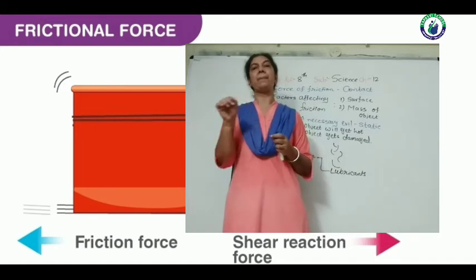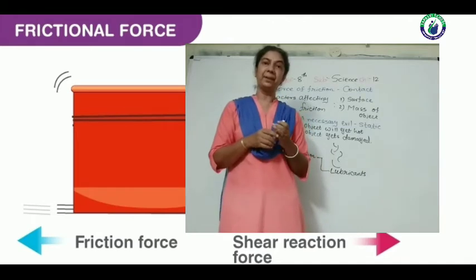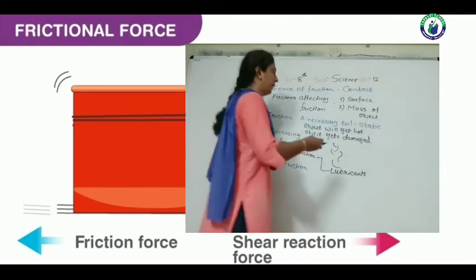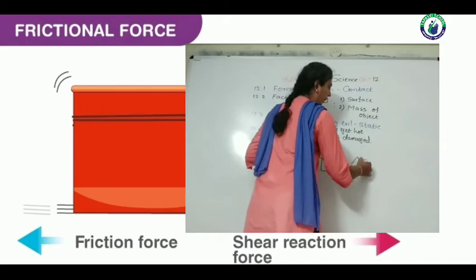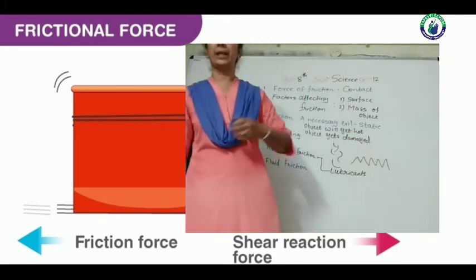that means we are applying oil on the surfaces. What happens? Just now we have discussed that the surfaces are comparatively rough, which we are seeing smoother.